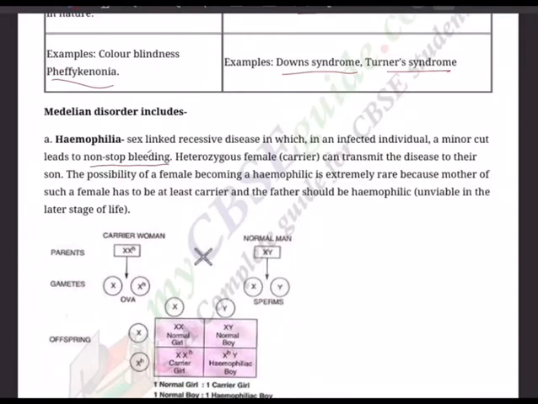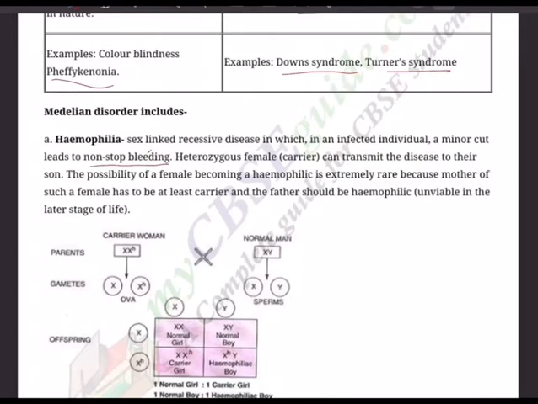That is the reason why hemophilia is also known as bleeder disease. It occurs due to deficiency of plasma thromboplastin, or anti-hemophilia globulin, which we call hemophilia A, during which the exposed blood does not clot.